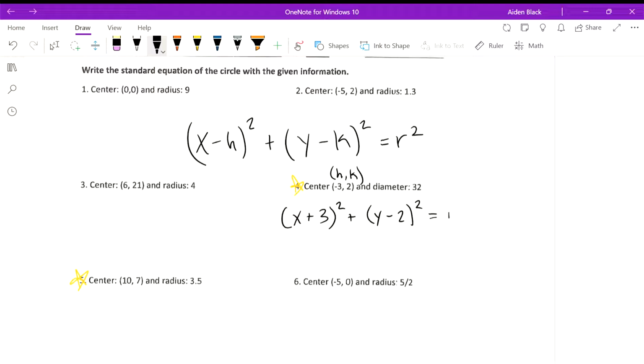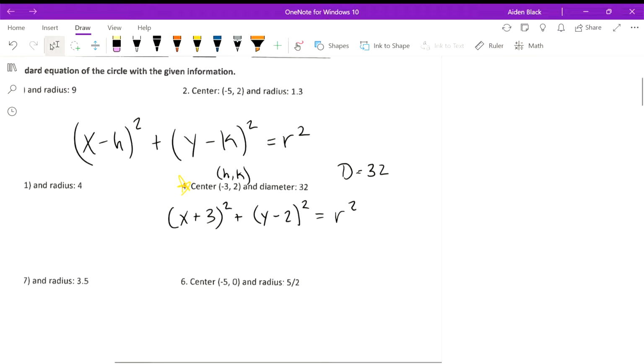Now we're supposed to have our radius squared here, but all we're given is our diameter. So our diameter is 32. And we all know that diameter is 2 times the radius, right? Diameter is 2 times the radius. So that means we must take half of the diameter. Right? 1/2 of the diameter is equal to the radius.